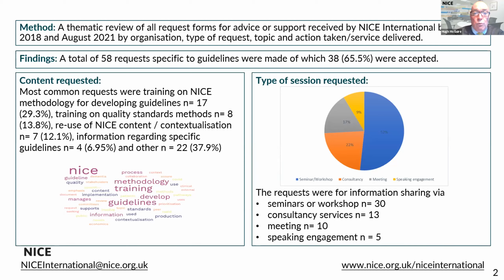There were also some requests for information on quality standards and also the reuse of NICE content, either by getting a license to adapt or to work with NICE to contextualize that guideline. And essentially, that's what has been requested.